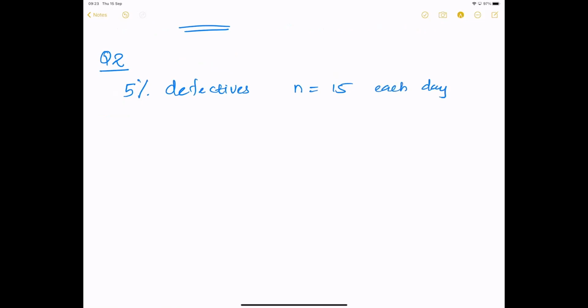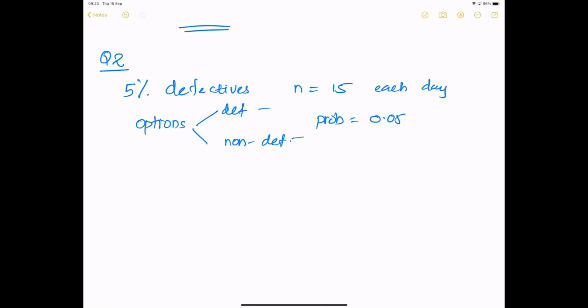So let's see what type of distribution we can use, right? Defective items. Therefore, we have only two options, one is defective, another one is non-defective, right? This probability is 0.05, right? Also, these two options are independent of each other, right?